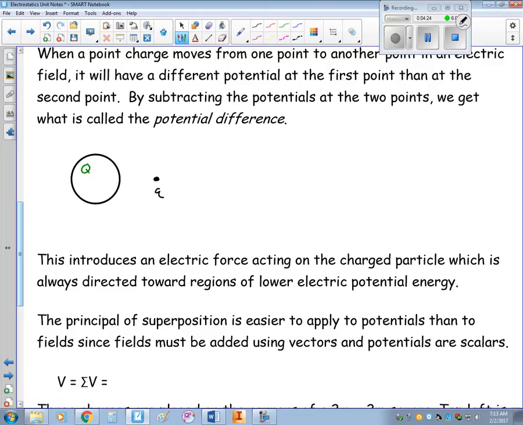I'm going to move it from this location to that location. So I would have, let's say, an initial position, and then a final position.